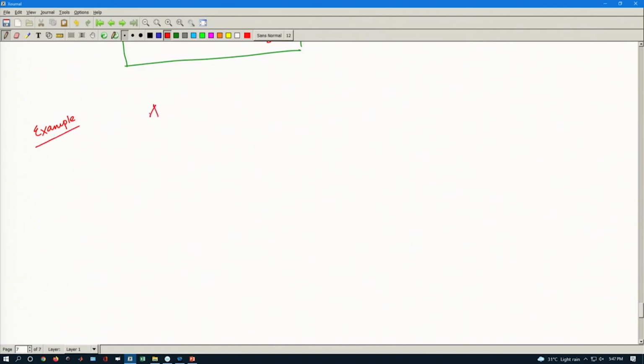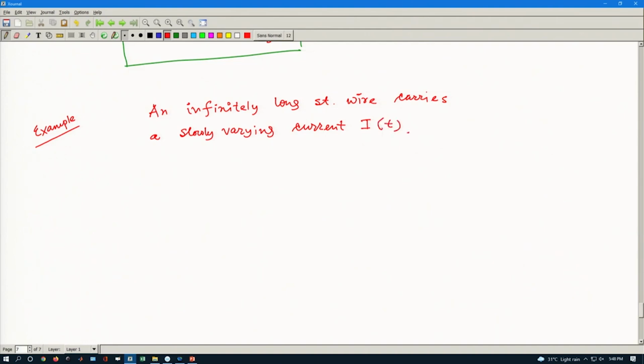So, the example is an infinitely long straight wire carries a slowly varying current I(t).